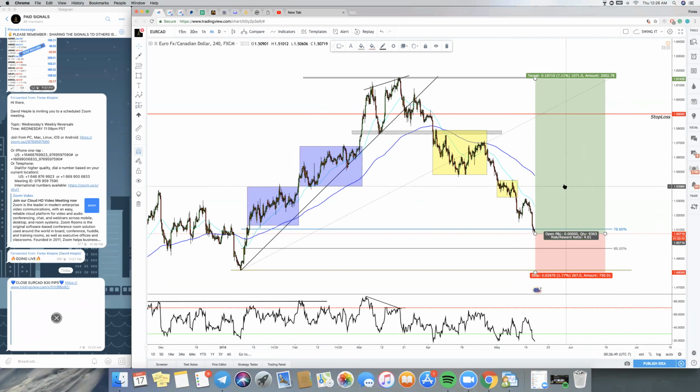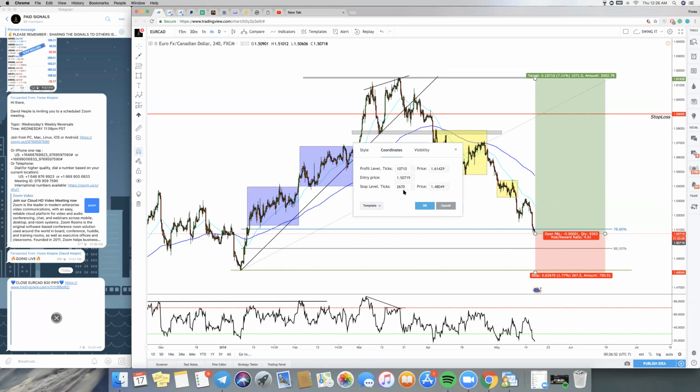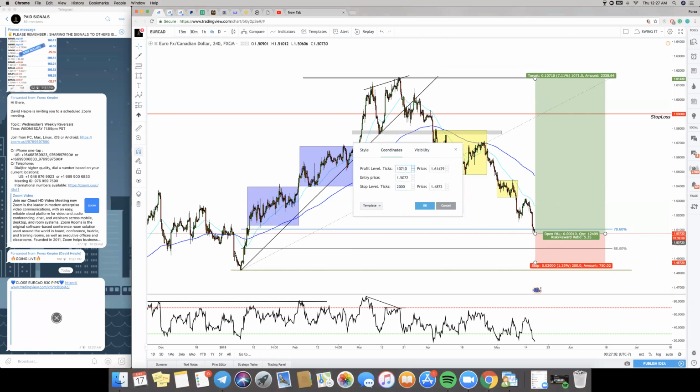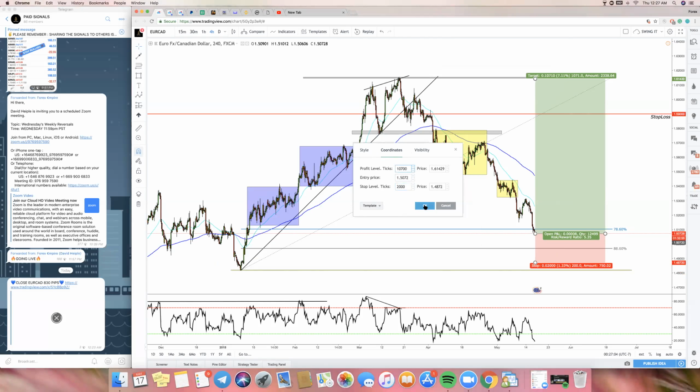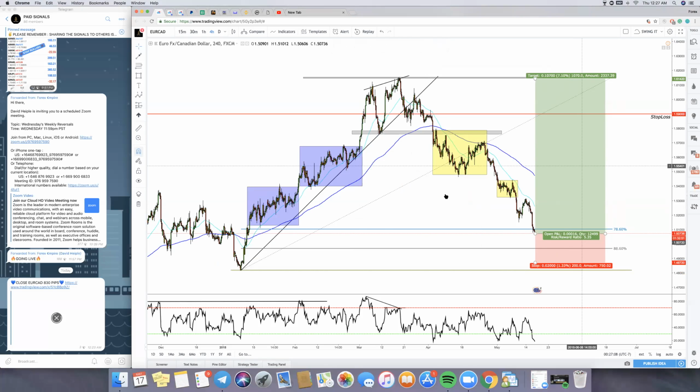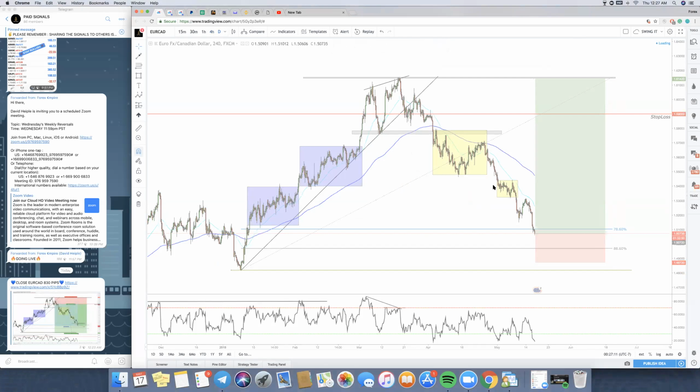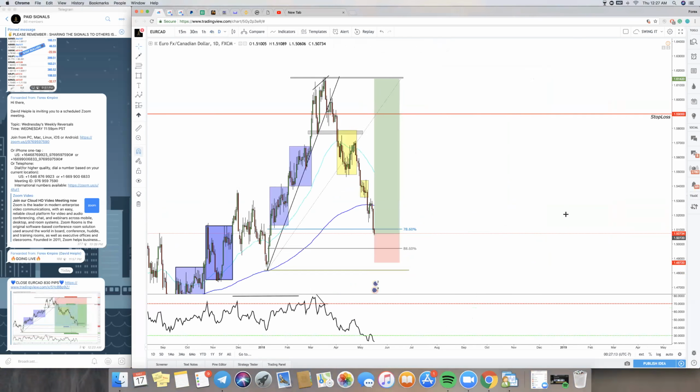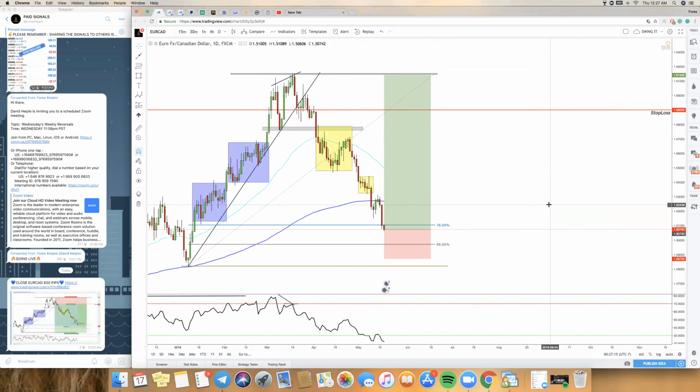That's a 1-4 risk reward. The stop loss is quite high, so I'm not going to risk that much, probably 2% risk. Take profit is 1,070 pips. So let me look at the daily candle and see how it rejects from it or not.